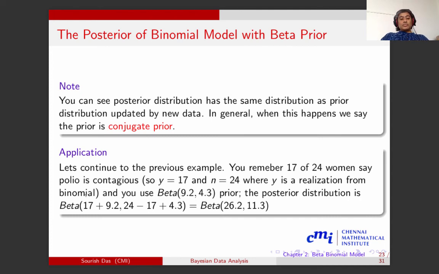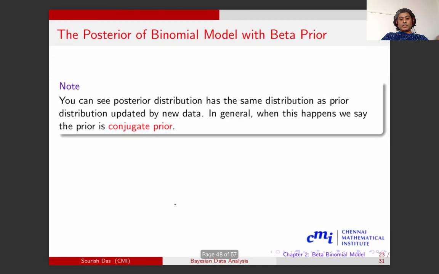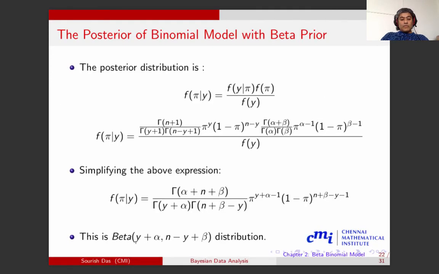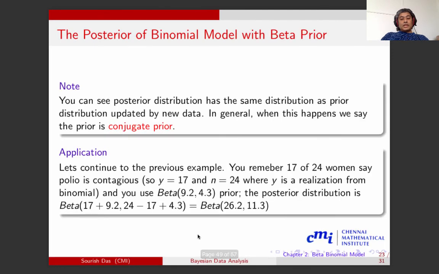The posterior distribution is now beta with 17 plus 9.2 comma 24 minus 17 plus 4.3. I'm just plugging in the values of y, alpha, n minus y and beta, and my posterior distribution turns out to be beta with 26.2 and 11.3.